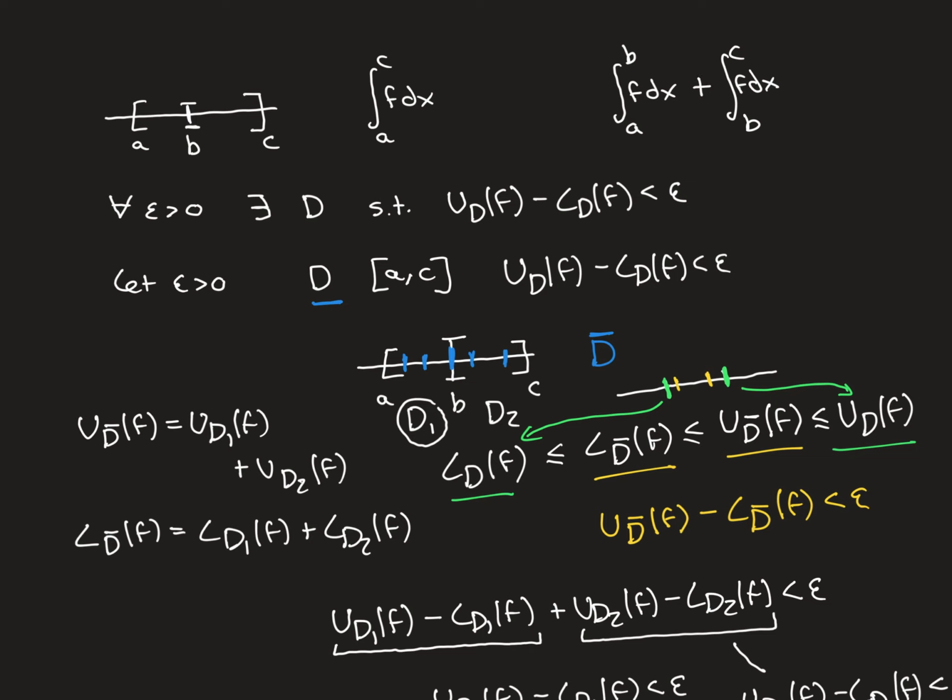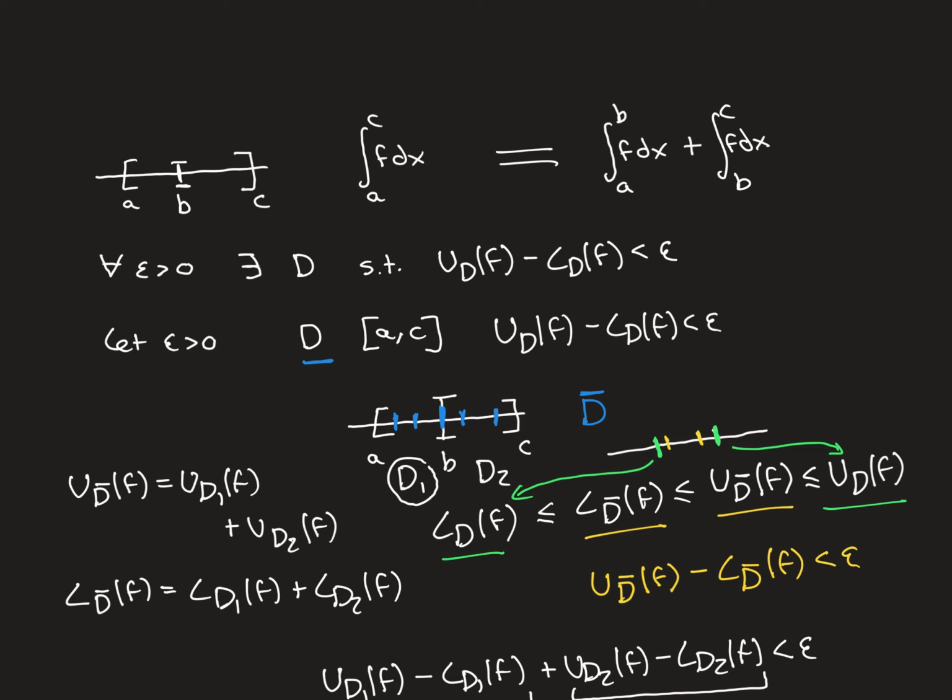So if we add those two together, it must equal the value of the integral over the entire thing, and hence we have finished our proof of those two bits that we separated the additivity property up into. So I hope that has been clear.